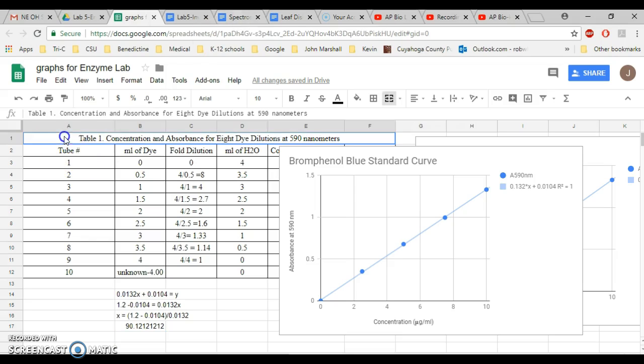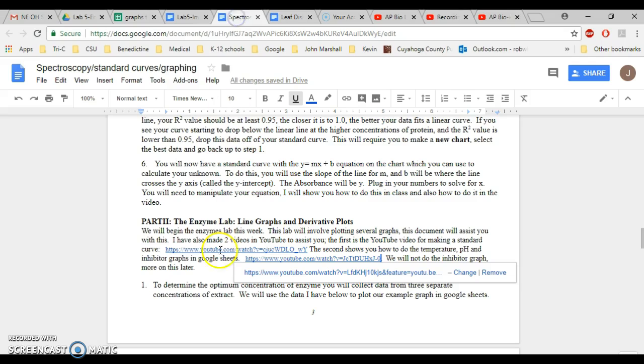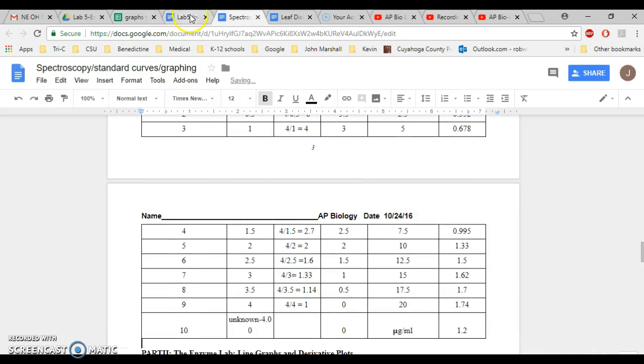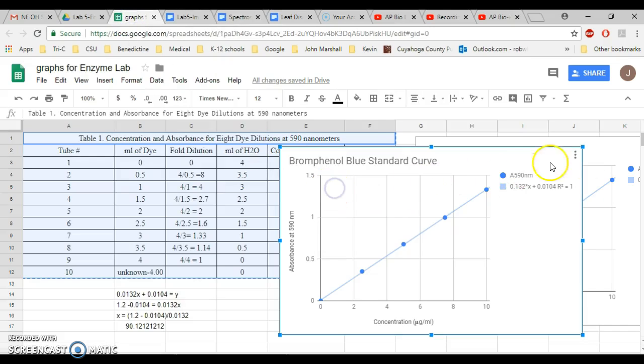So what I'm going to do is, if you wanted to copy the table in, you just hit Control-C, okay, and then you can go into your spectroscopy file and you can add the table, and you can also add the graph.